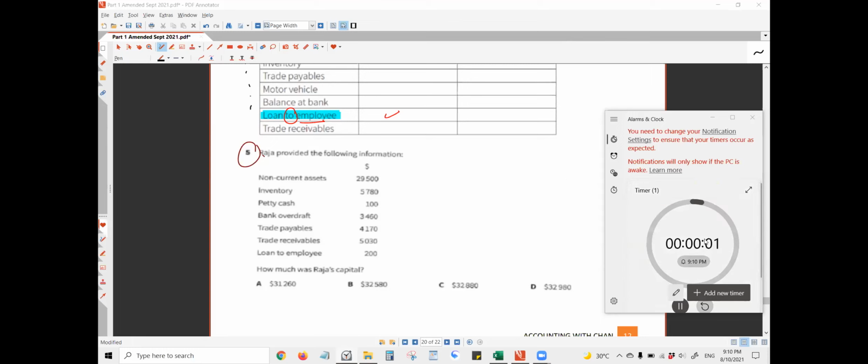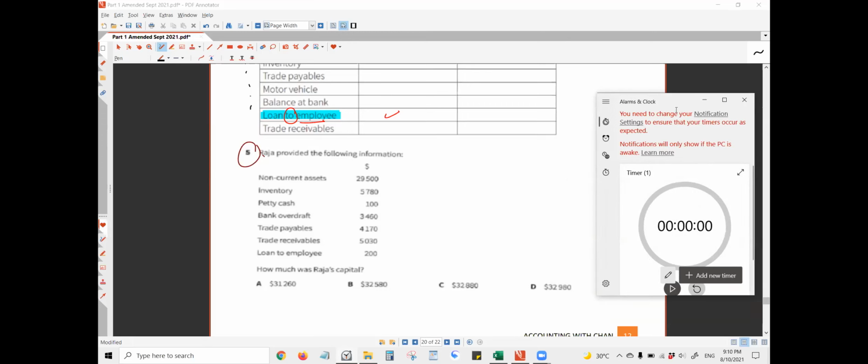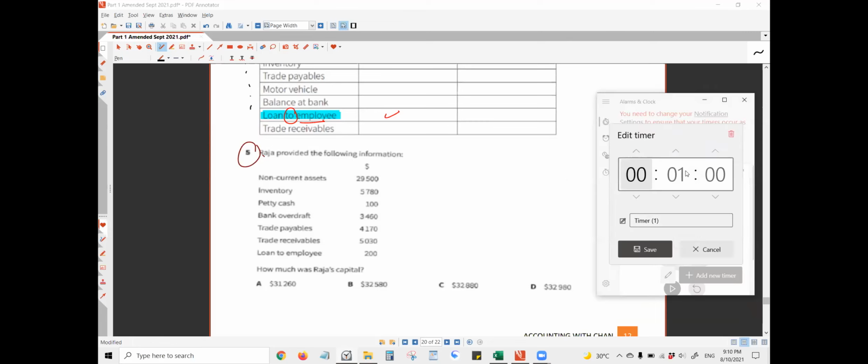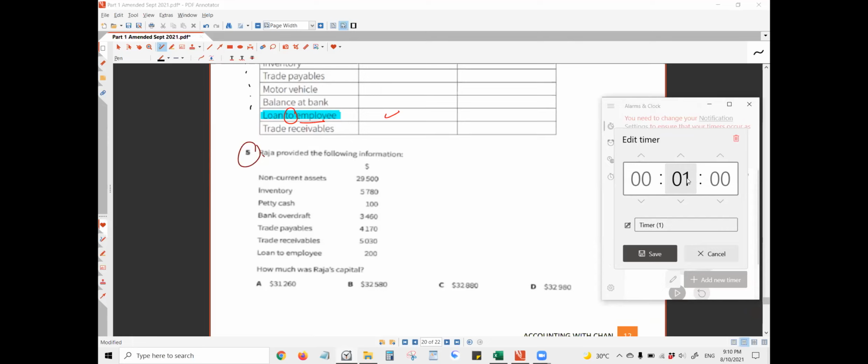Maybe you need more time. One minute is too little. Usually for MCQ questions, MCQ means multiple choice questions, those that ask you to circle here and there, you have to spend less than 2 minutes to finish. So I give you 30 seconds more.